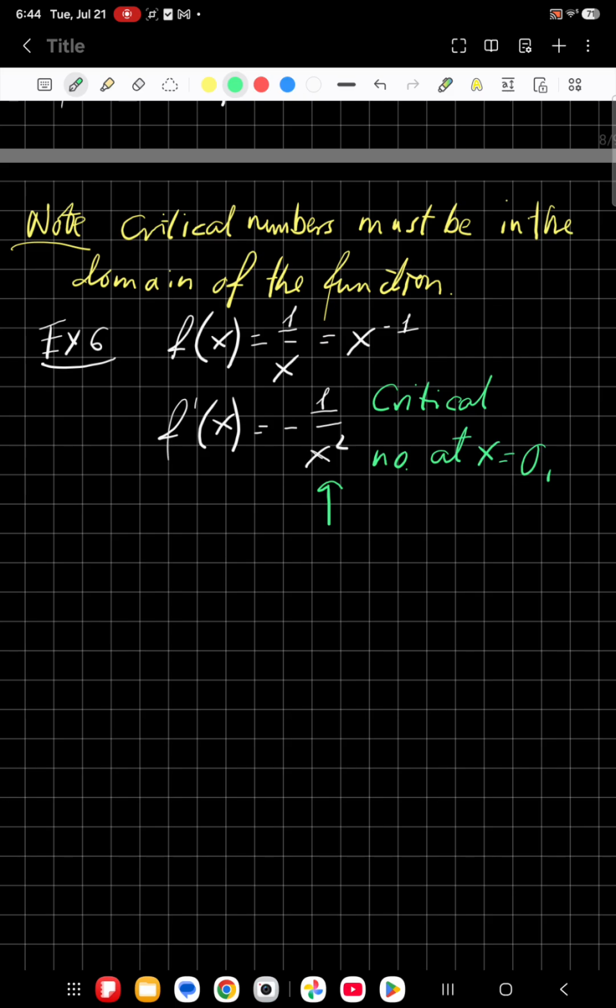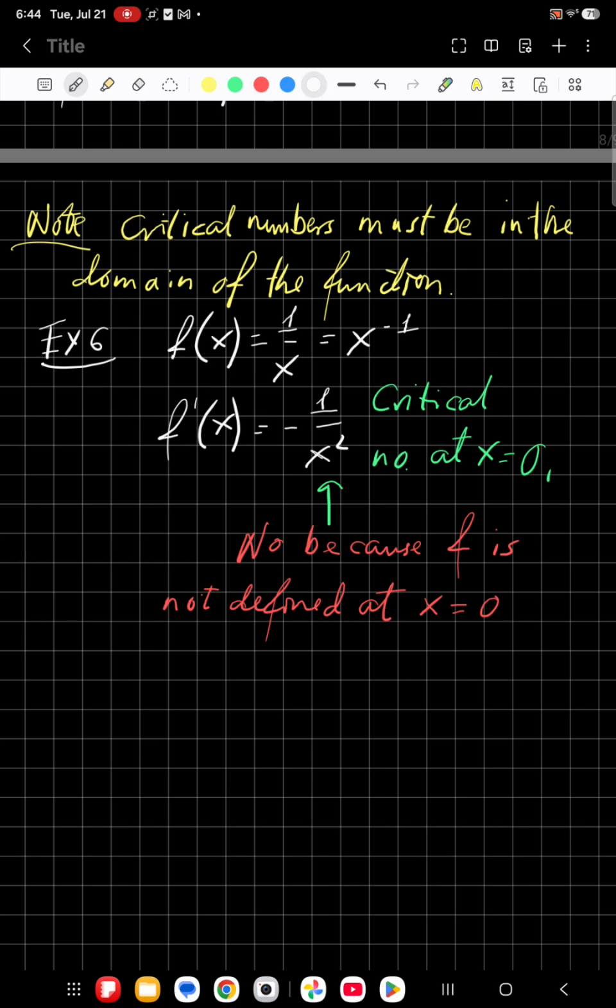Well, the answer is no, because f is not defined at x equals 0. Both the derivative is not defined for x equals 0, but also the function. If the function was defined for x equals 0, then we would have that critical number at 0, but it's not defined, so we don't.